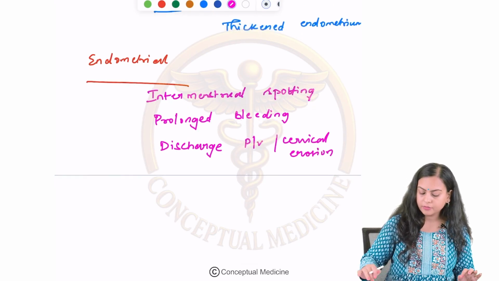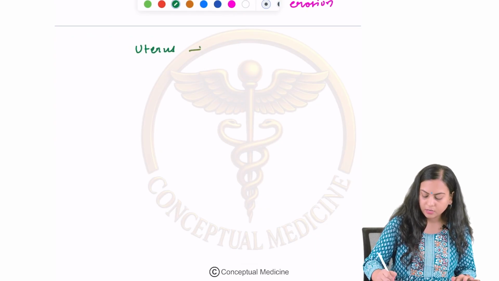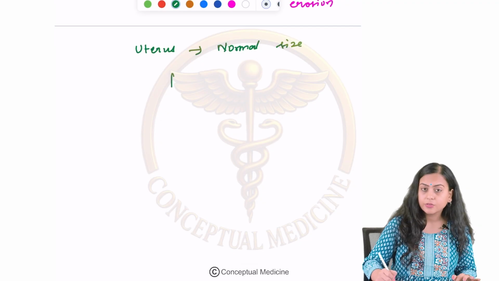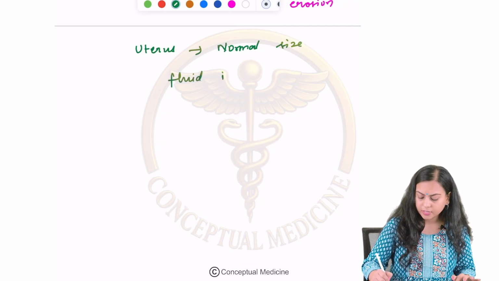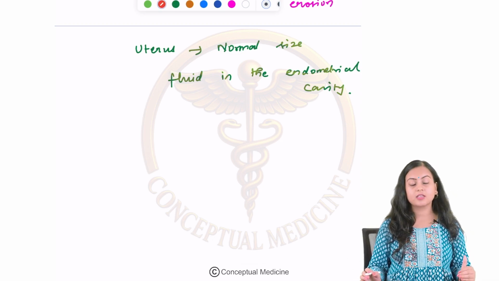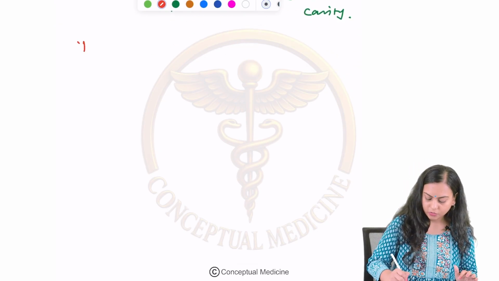Here the uterus is normal size and you will also have fluid in the endometrial cavity. Clear?